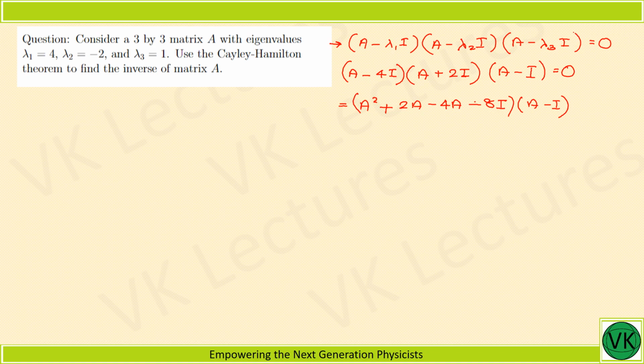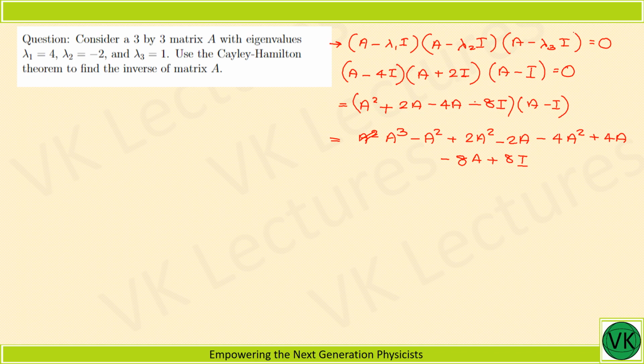Now once again we will multiply this equation with A minus I, which gives us A cube minus A squared, plus 2A squared minus 2A, minus 4A squared plus 4A, then minus 8A plus 8I.